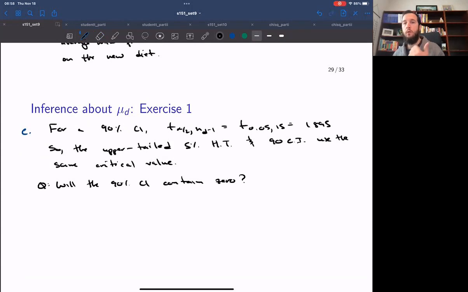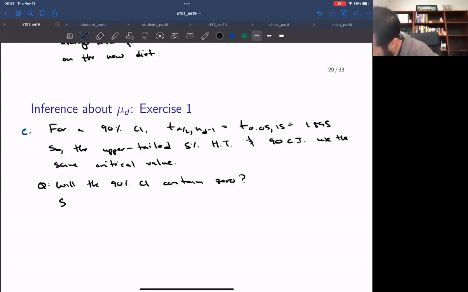All right. Well, we know that the interval and the hypothesis test are going to agree because they use the same critical value. The hypothesis test told us to reject the null, so reject that mu d is equal to 0, and that there's evidence that the mean might actually be greater than 0.